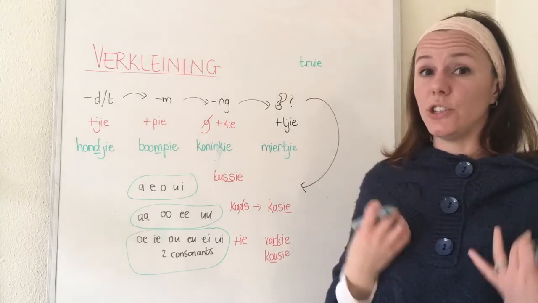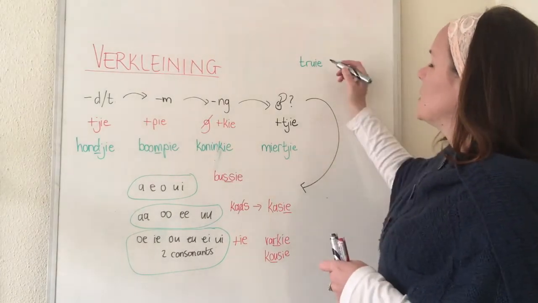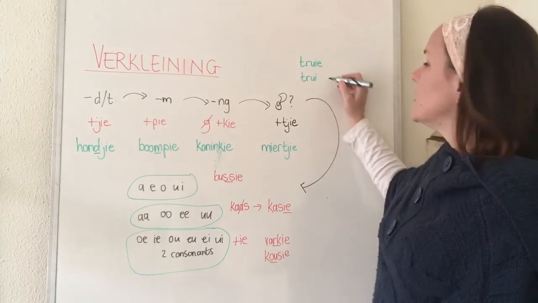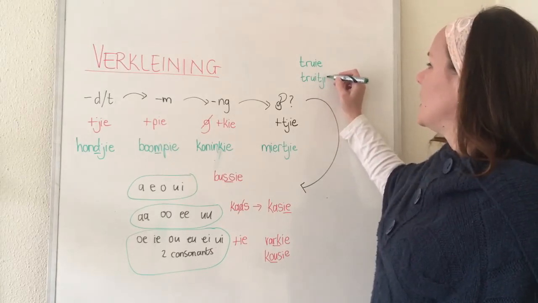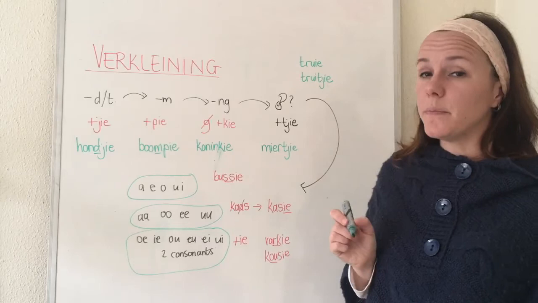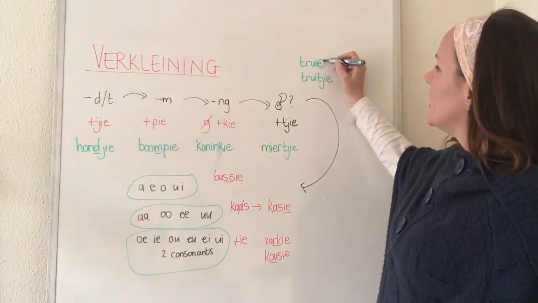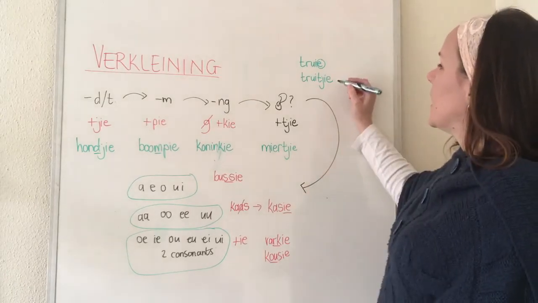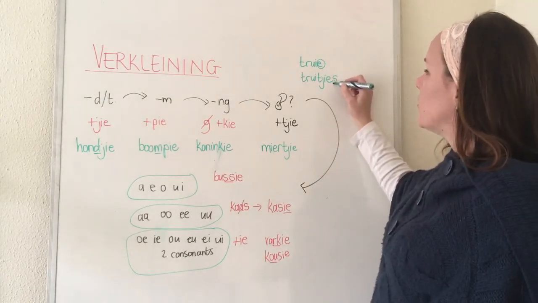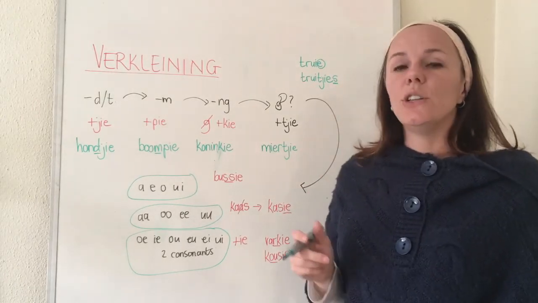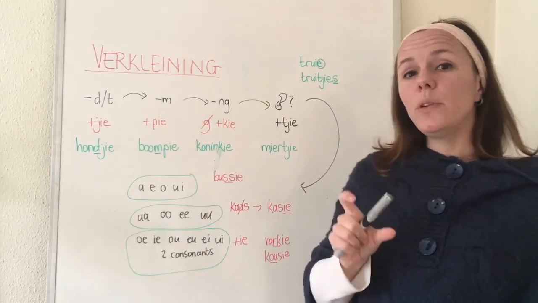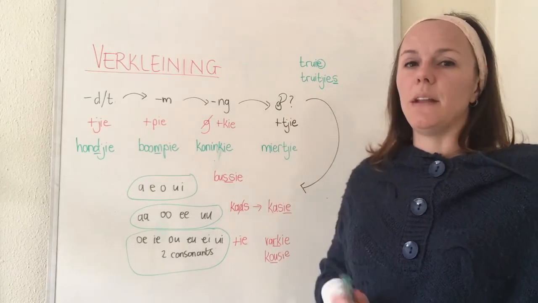A trui is a jersey, okay? So it's not trui. Trui on its own will get a TJIE and become truitjie. But because it's truie, I have to keep it in the plural. So it will become truitjies. It will have an S at the end to show that there's more than one. So make sure if your word is in plural, it has to stay in plural.